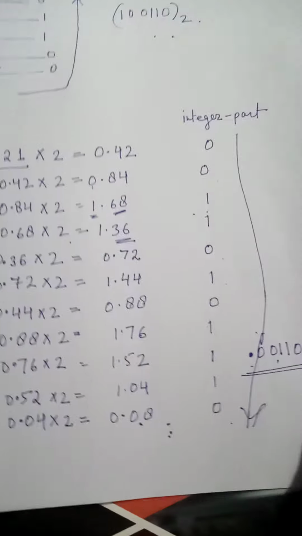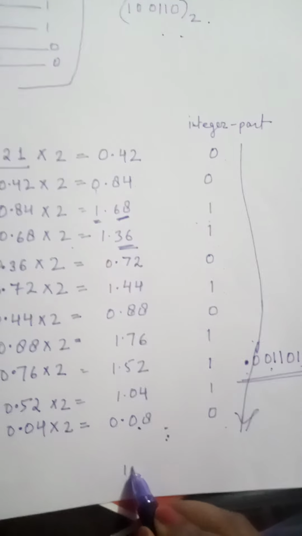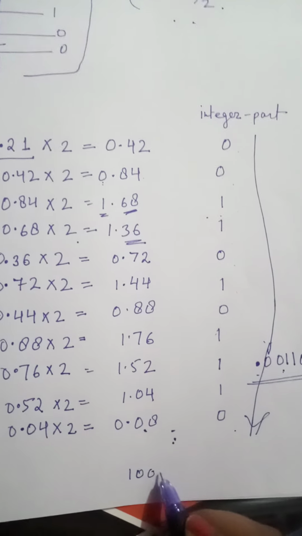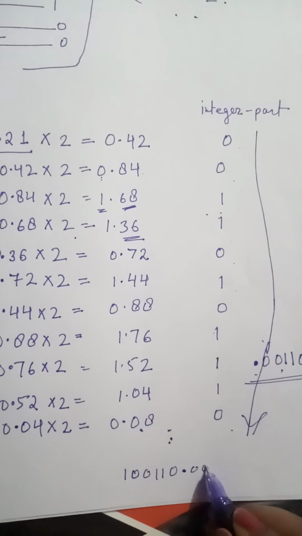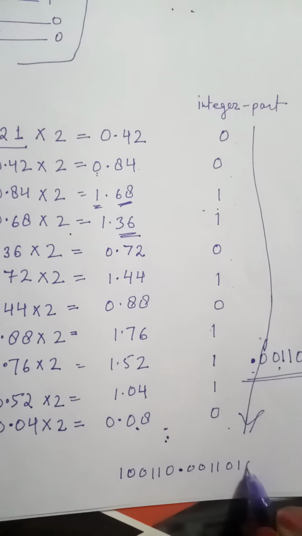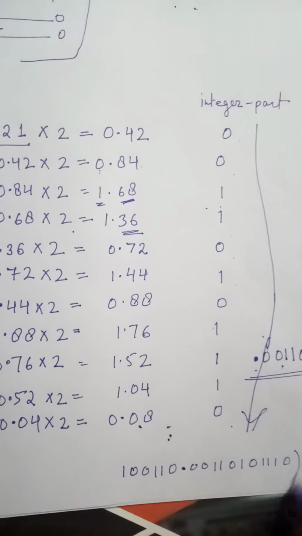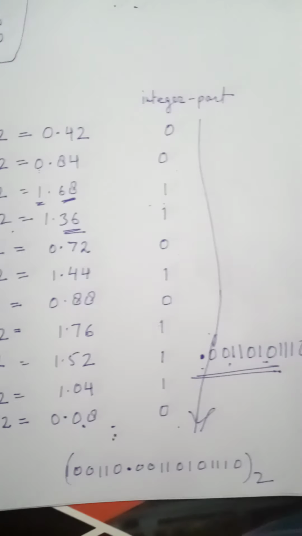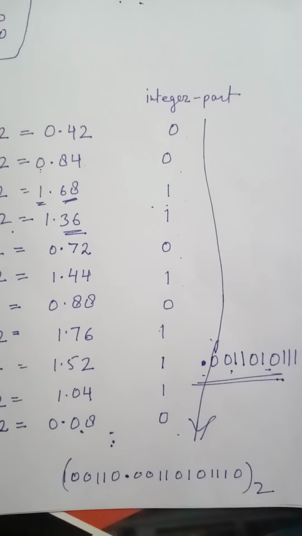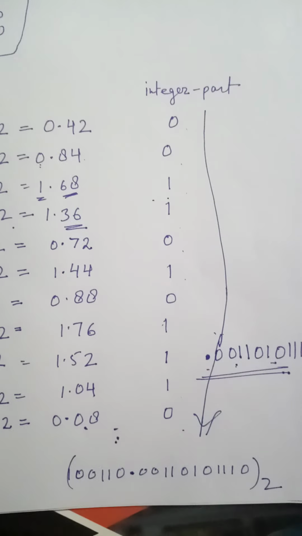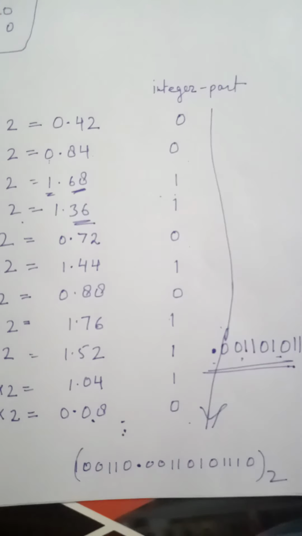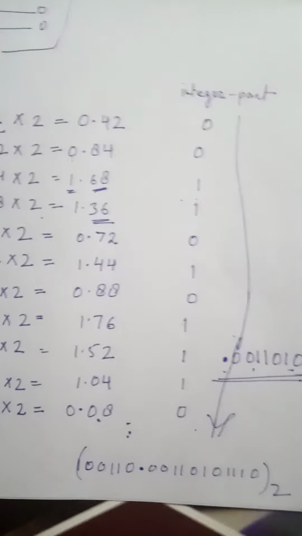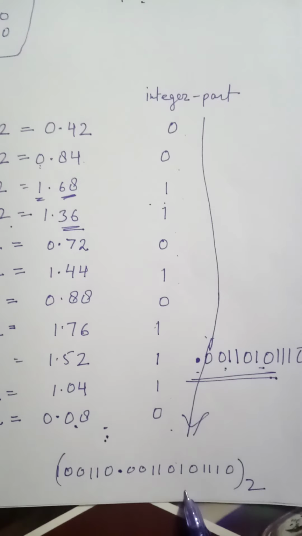So the complete answer will be 100110.0011010110. This will be the binary equivalent of 38.21 base 10. The decimal number 38.21 will be equivalent to this in binary.